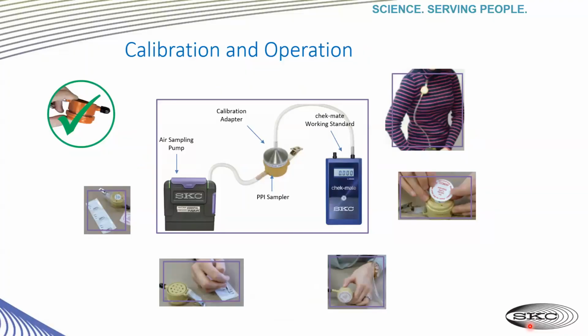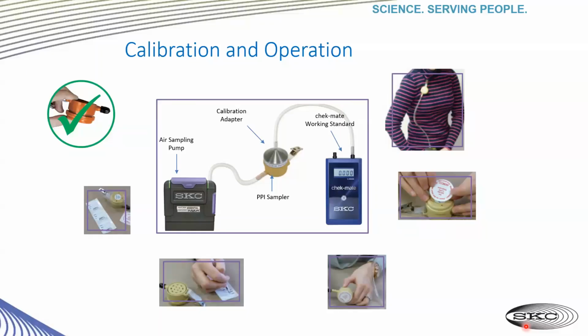So here is the beauty of the PPI sampler all wrapped up into one slide. We have the easier setup, flow setting, and flow verification due to a simple calibration adapter and a one-piece sampler that has no assembly required. You have more productivity and lower cost due to the elimination of the tipping hazard, meaning more efficient sampling due to less repeat sampling.